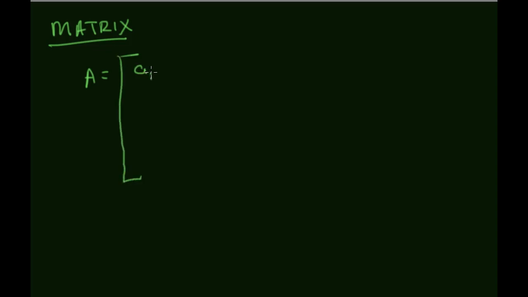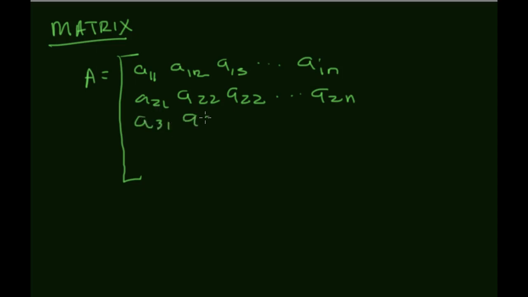Usually we index them by row and column. So this would be A11, A12, A13 out to A1n. And then A21, A22, A23 out to A2n. And then A31, A32, A33 out to A3n.